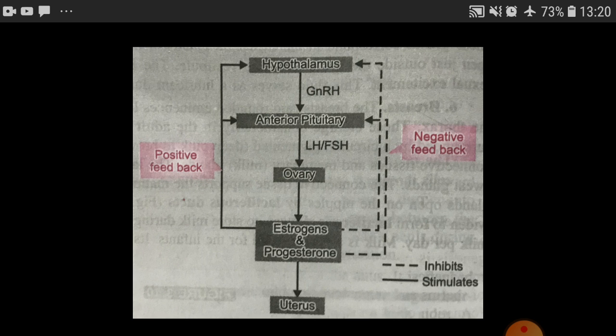The luteinizing hormone, that is LH, also from the anterior pituitary, stimulates release of ovum, formation of corpus luteum in the empty follicle and secretion of progesterone from the corpus luteum.